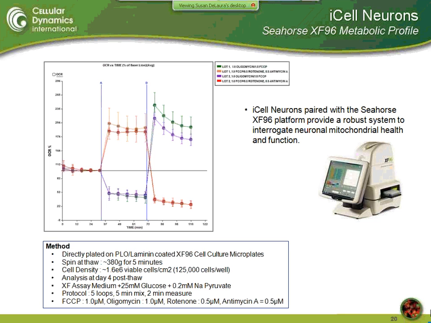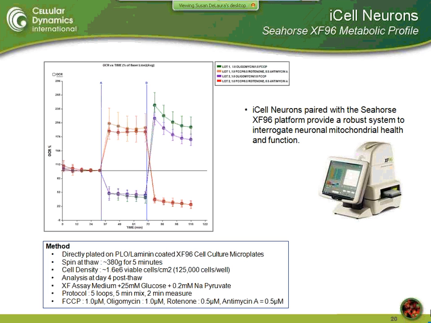Another way to assess the health of your cells and even toxicity would be to look at the metabolic profile of the neuron. And in this case here, we had used the Seahorse XF96 platform, and it's just another methodology of looking at mitochondrial health and function.